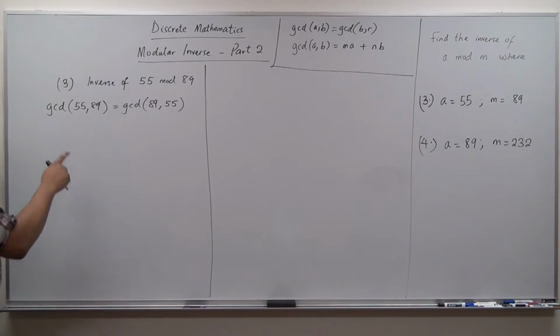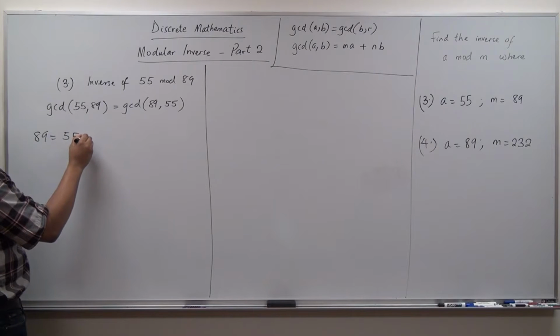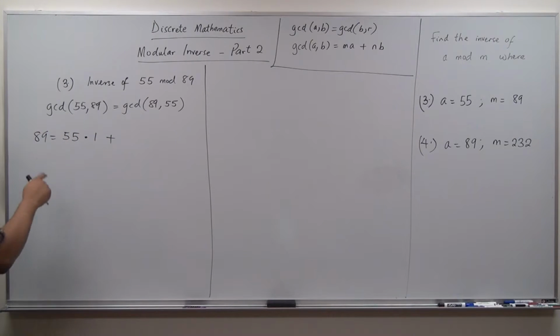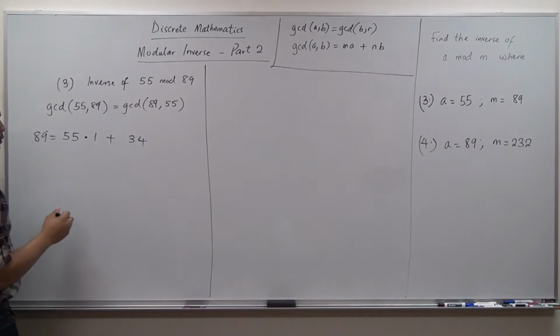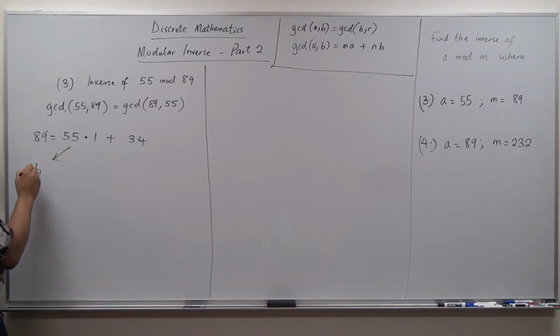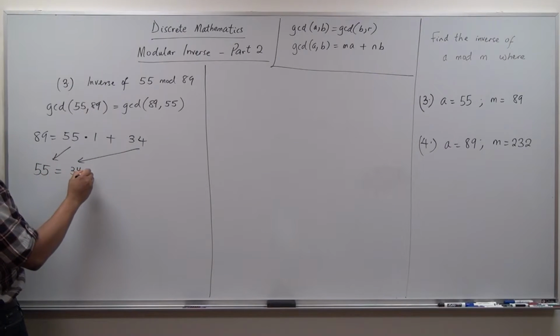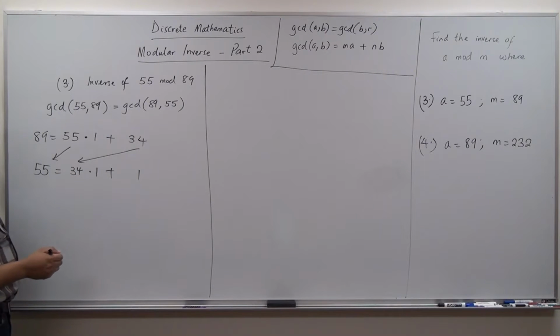Alright, so we have that 89 is equal to 55 times 1 plus 89 minus 55, which is 34. Then 55 is equal to 34 times 1 plus 21.